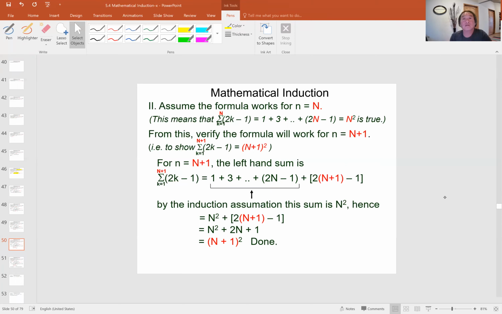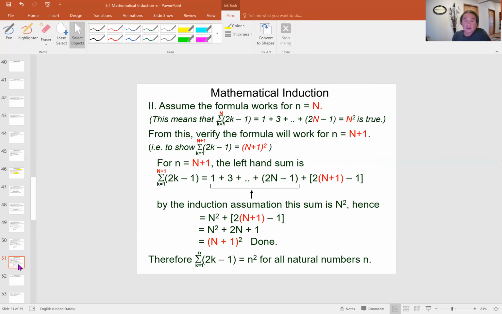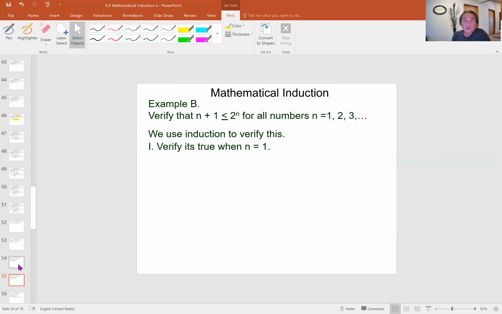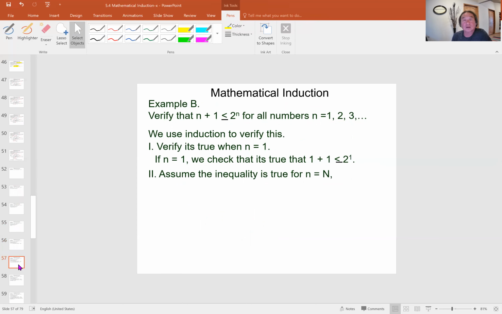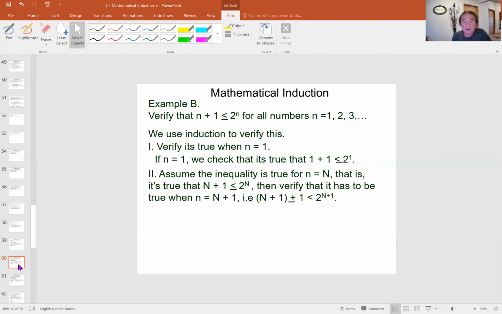Then you apply the induction hypothesis for the first n of them, plus the new one. Then the patterns will fold into the new one, in this case n plus 1 squared, just what we expected. And here's another example, for proving an inequality using induction.